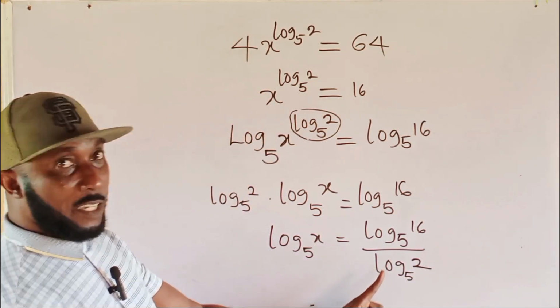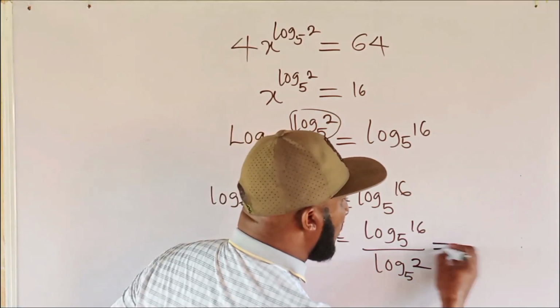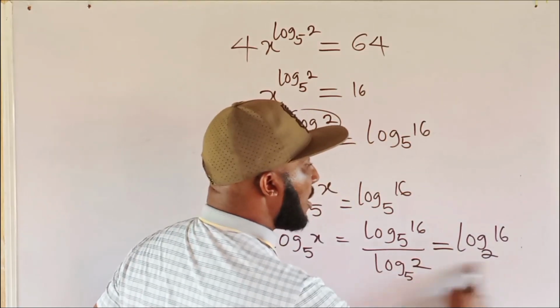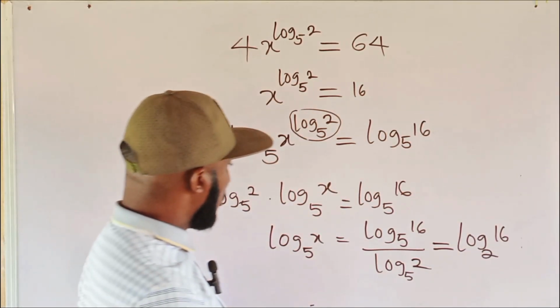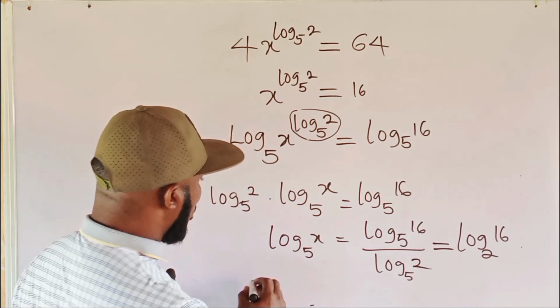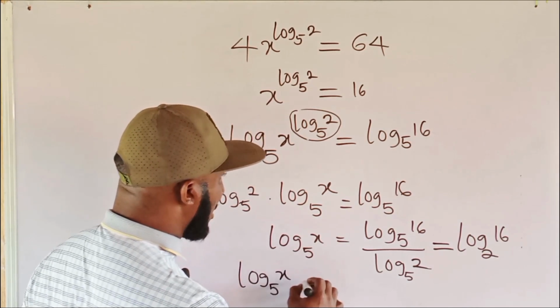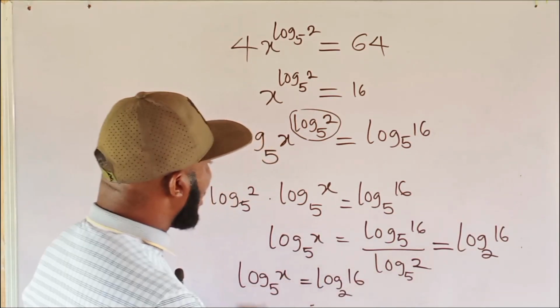And by the change of base property, this is simply log to base 2 of the argument 16. This is not rocket science, very basic. So we can rewrite this equation as log to base 5 of the argument s equal to log to base 2 of the argument 16.